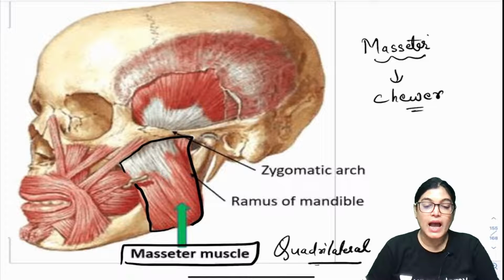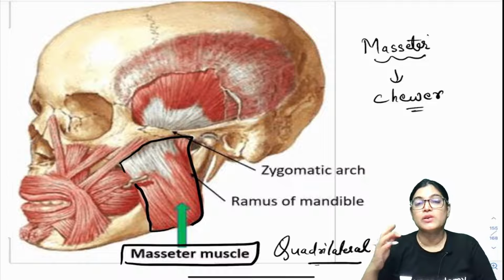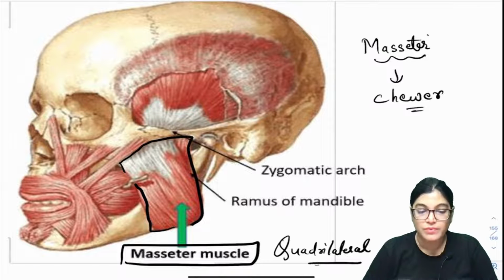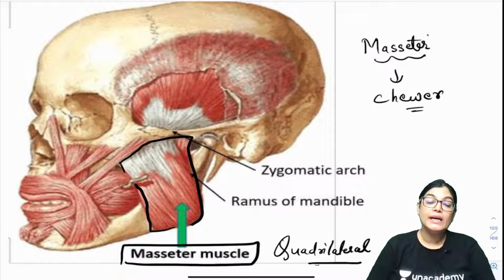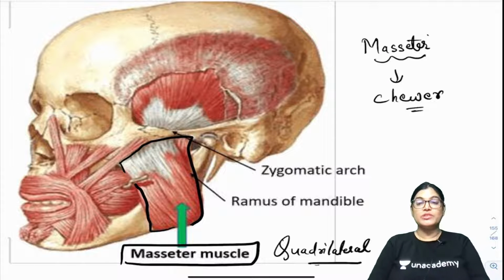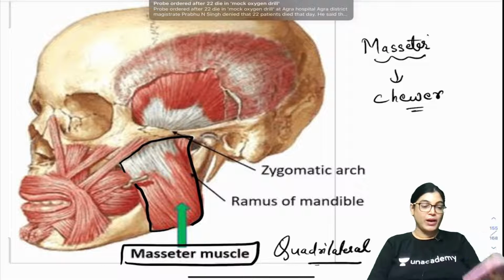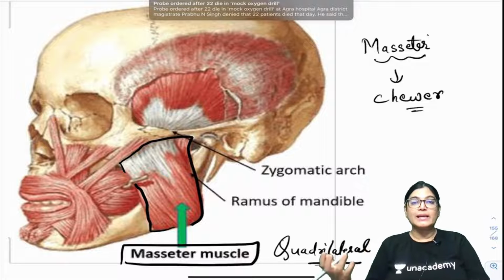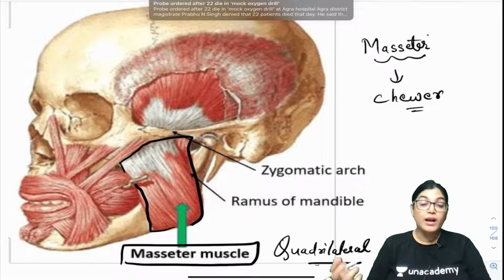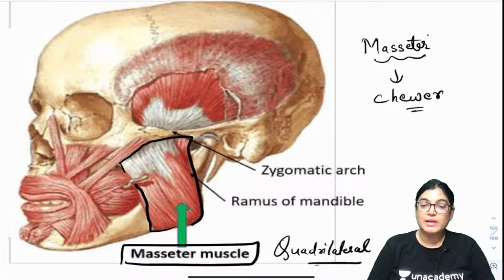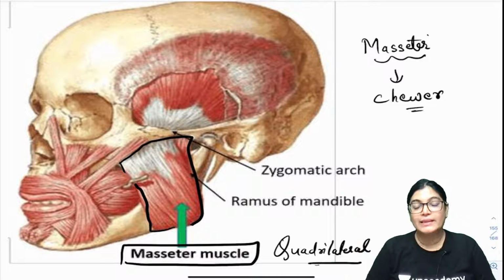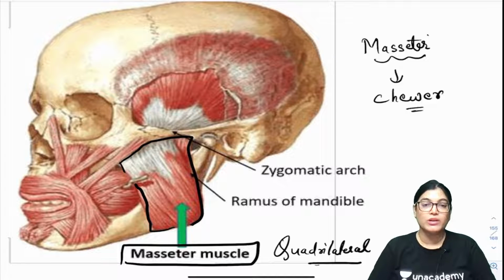If you see, the whole of masseter has got 3 layers of muscle fibers: superficial, deep and middle. Superficial fibers are arising from the maxillary process of the zygomatic bone and from the anterior 2/3 of the inferior border of the zygomatic arch.